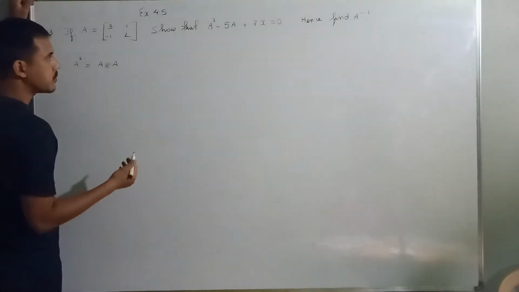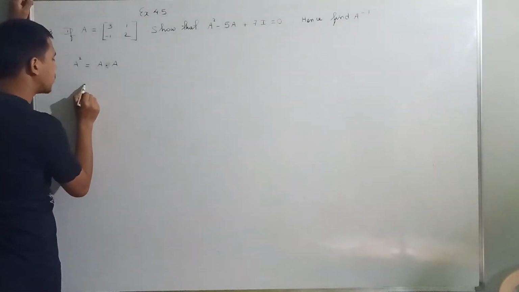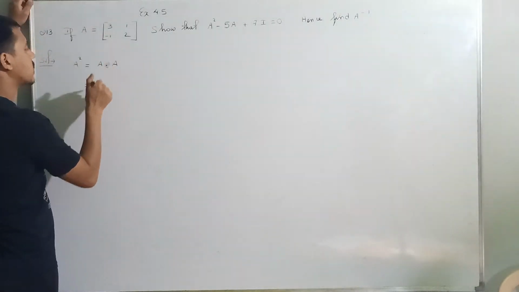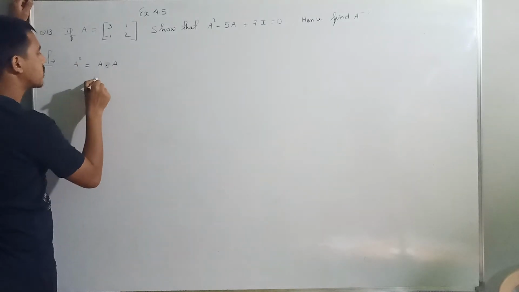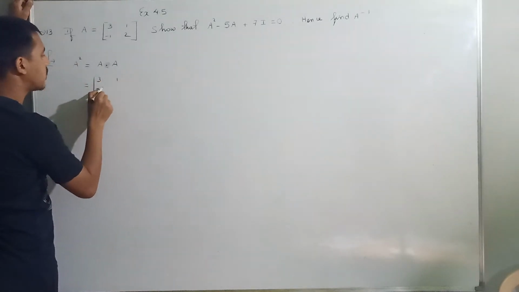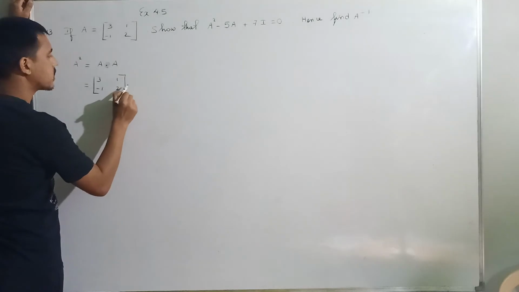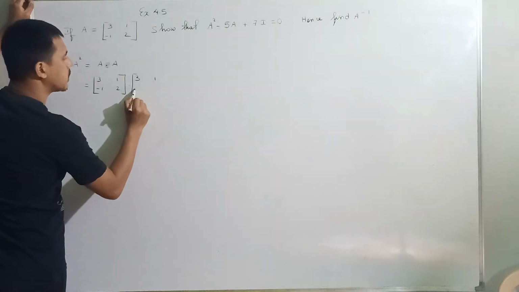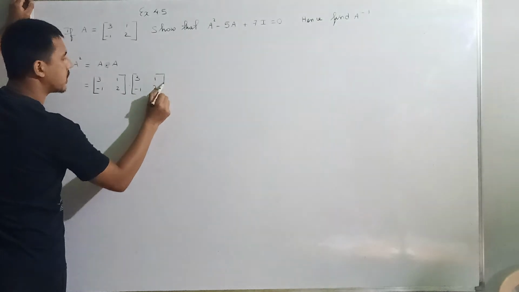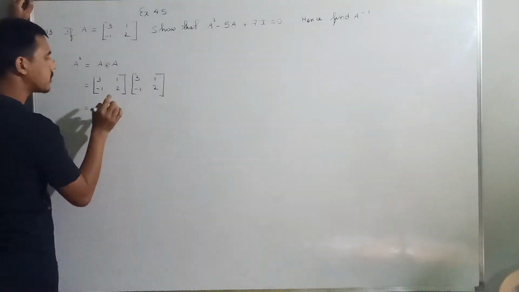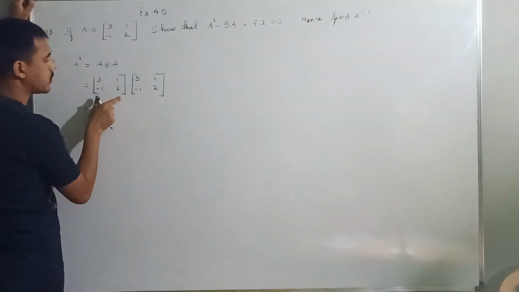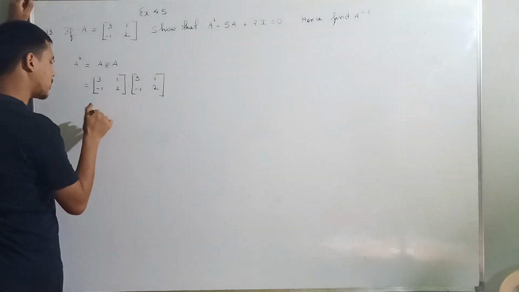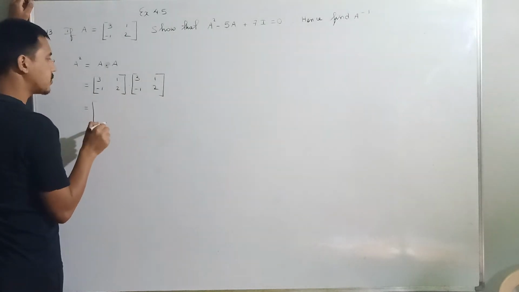In vectors only we need to be careful with that. So A is your matrix 3, 1, minus 1, 2 times your matrix A again 3, 1, minus 1, 2. So let us multiply. Both of them are of order 2, so our resultant also will be of order 2.